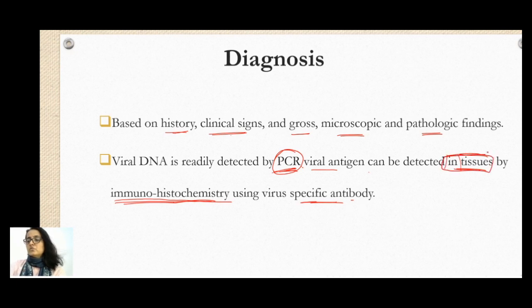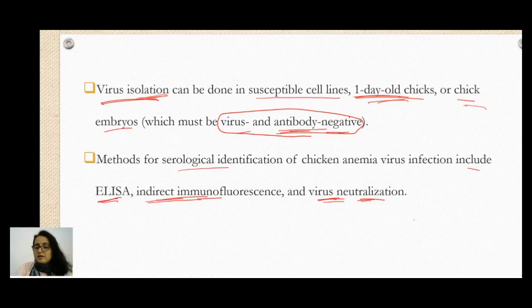Immunohistochemistry in tissue. In immunohistochemistry, we cannot isolate the virus or use the DNA of the viruses. It directly detects the virus in the tissue. The next method that we can use is virus isolation.